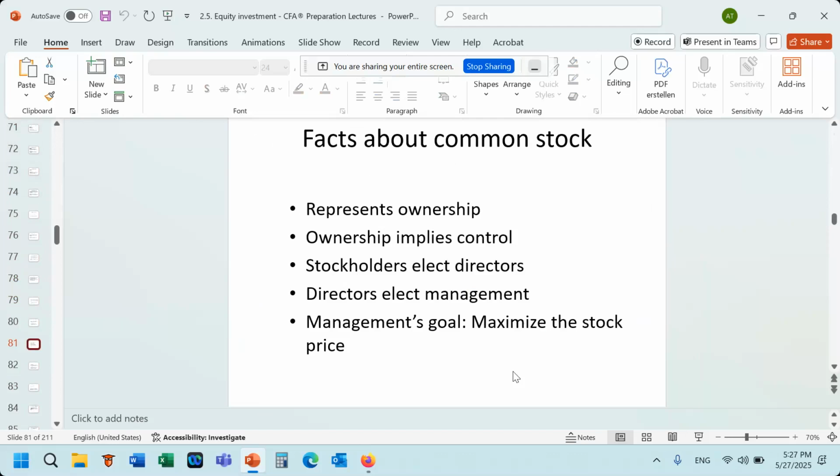So if they increase the stock price, these options allow them to purchase the stock at a price that is the exercise price of that option. And this provides a motivation, financial motivation, for the manager to work hard and bring the stock price up to that level. The stockholders elect the directors, and directors elect the management.